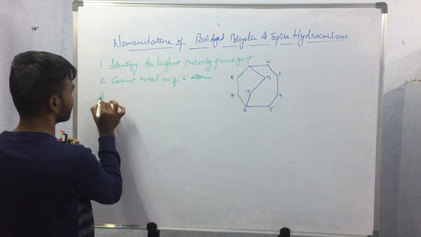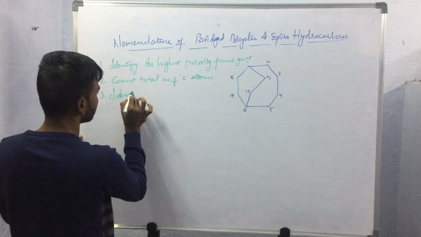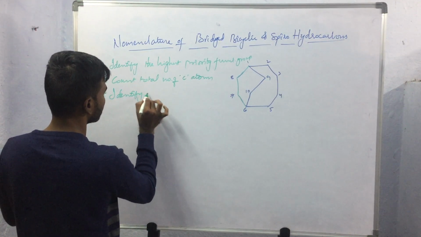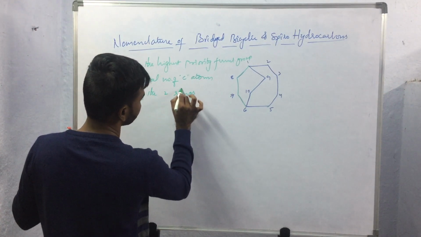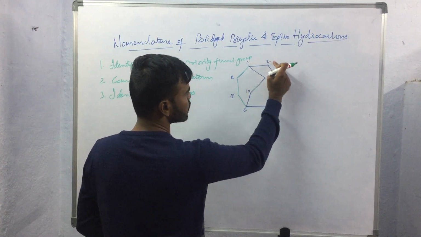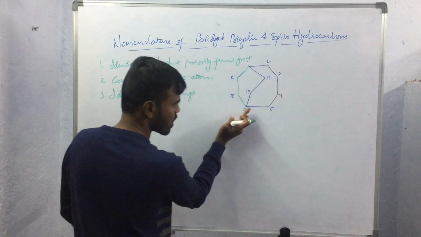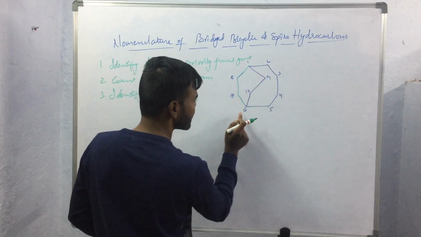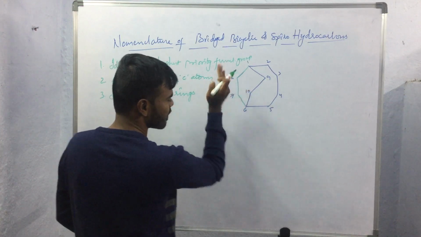Then third rule, identify the two rings. So here one ring will be 1, 2, 3, 4, 5, 6. So this is one path, and another ring will be 6, 7, 8, 1. So this will be the other path.